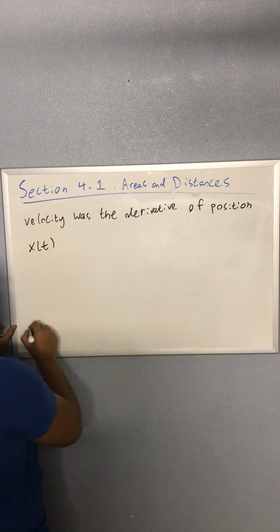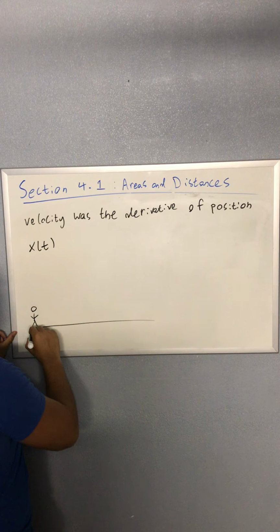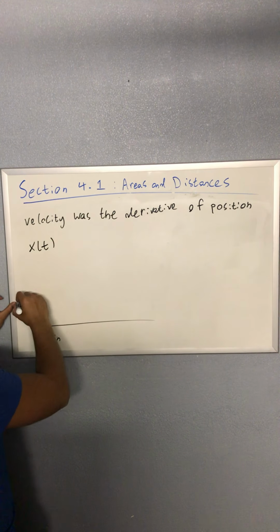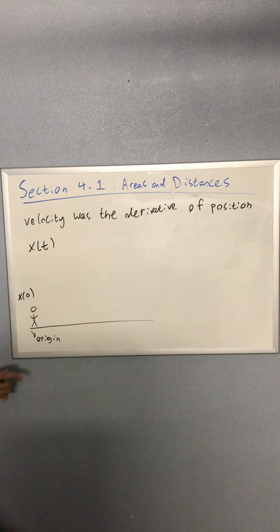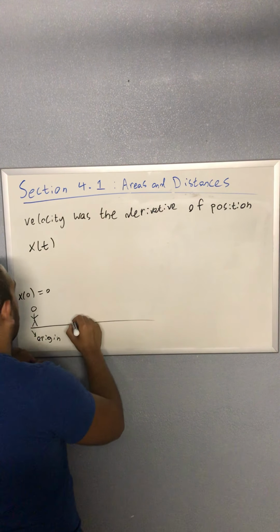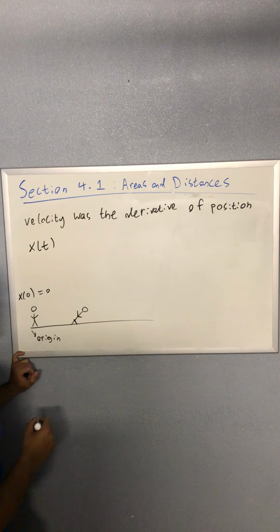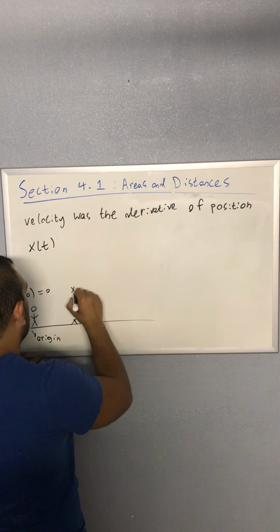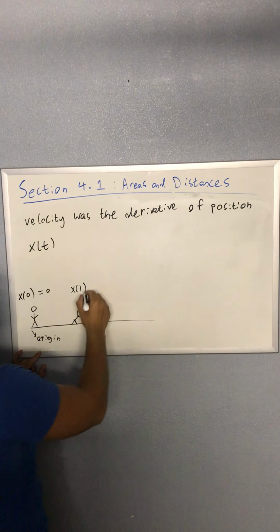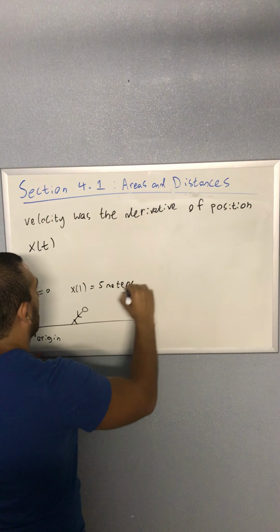So let's say you have some guy in a race, and this is the origin, and this would be x of 0. So at time 0, he's 0 meters away from the origin. And then maybe he progresses a little bit. Now he's in his sprint stance, doing his thing. Now this is x of 1, so 1 second later. So 1 second later, let's say maybe he's at 5 meters from the origin.